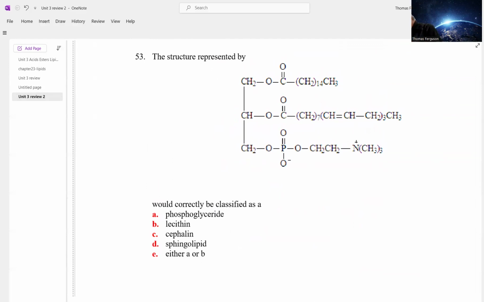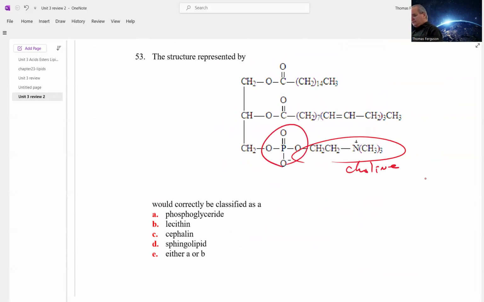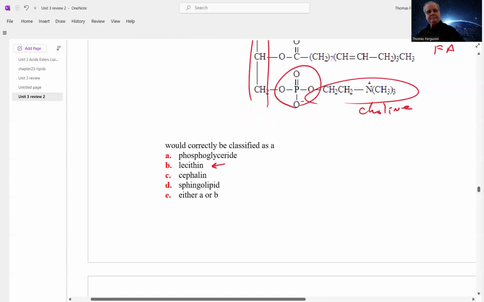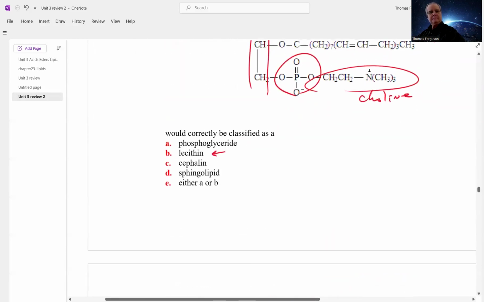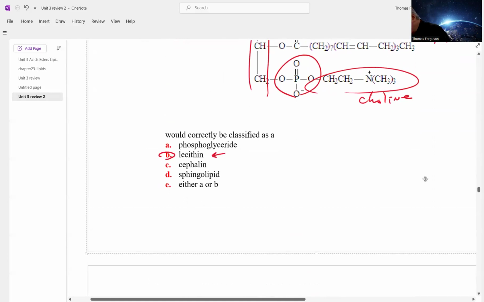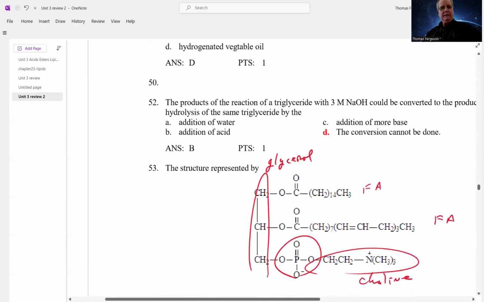We have choline here, the diphosphoric acid ester, and this is a fatty acid up here, glycerol. So this would be B. No answer. Okay.